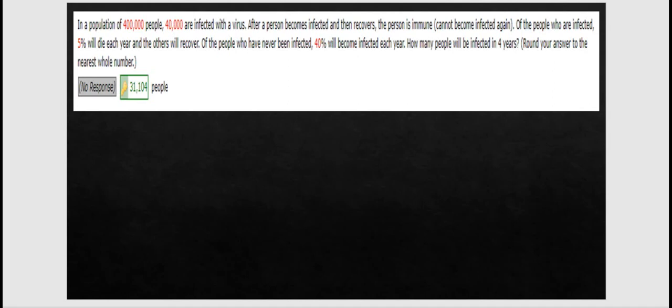Let's see. It says here, in a population of 400,000 people, 40,000 are infected with the virus. After a person becomes infected and then recovers, the person is immune to not become infected again.